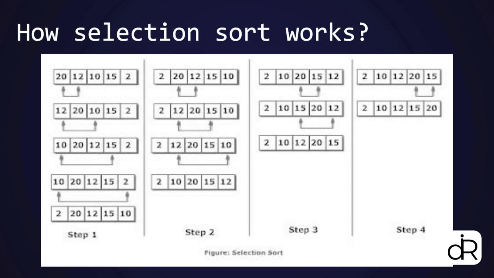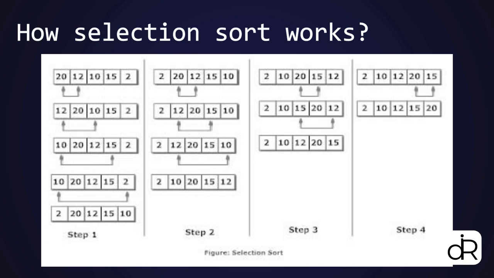Again, we're going to compare the first element with the third element. This time, we're not going to compare with the second element, but with the third element. So 12 with the 10. Here we're going to see that the 12 is greater than the 10. So we're going to select both numbers and swap them. So we're going to have 10, 20, 12.